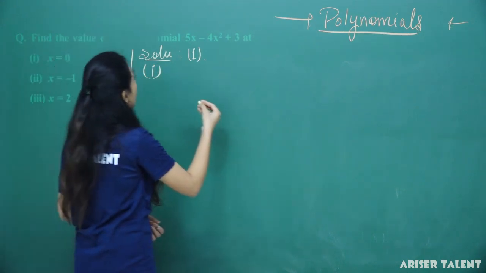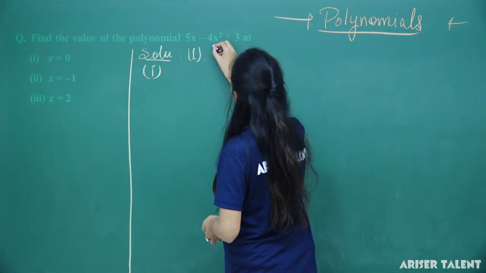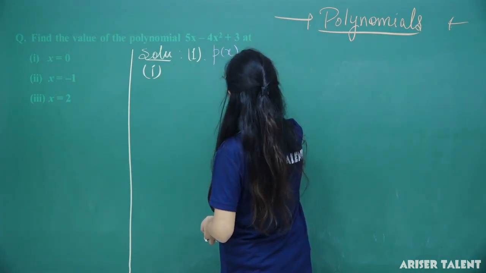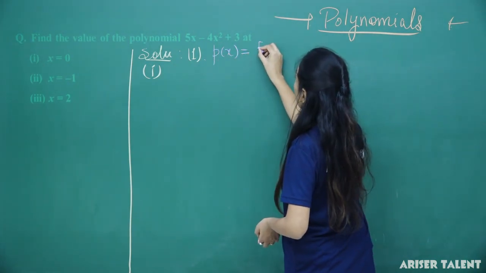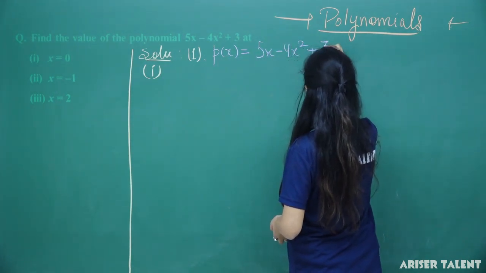We are doing the part given equation, right? The given equation is a polynomial. Let's suppose it is px, polynomial of x, 5x minus 4x square plus 3.